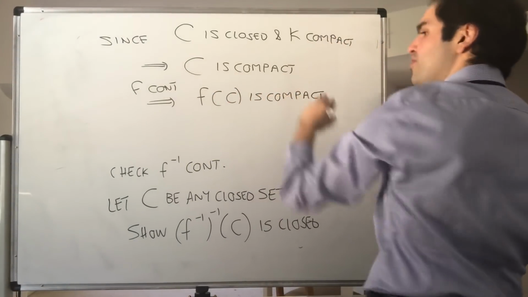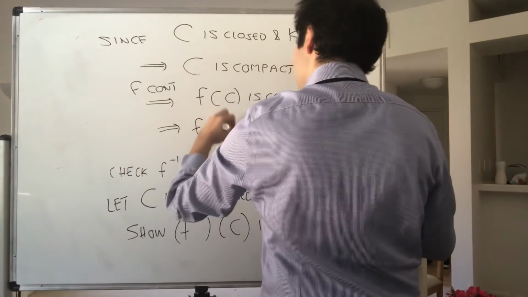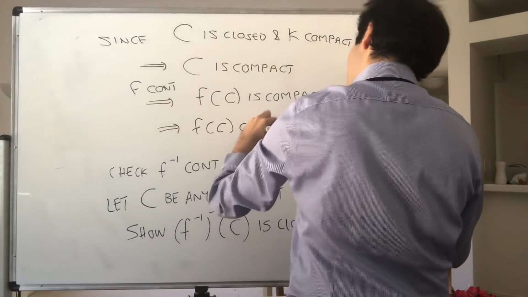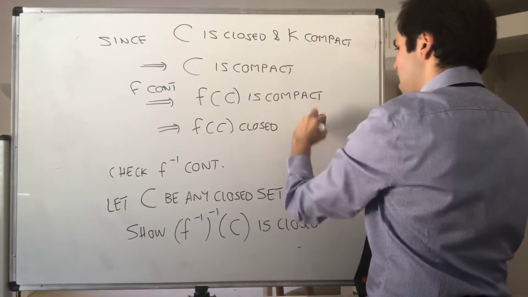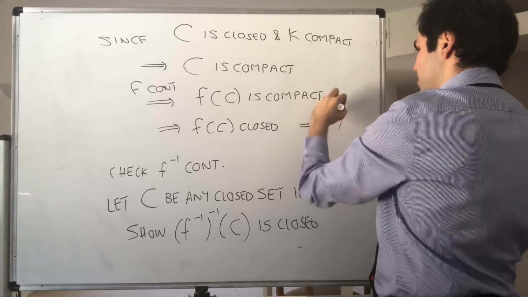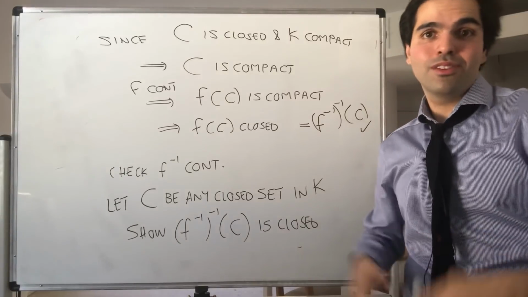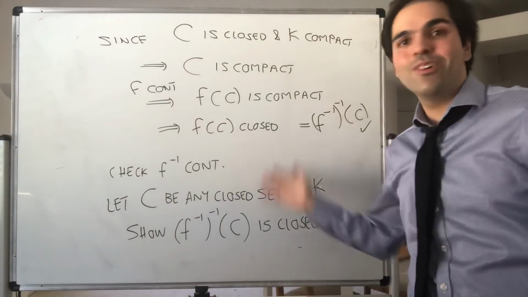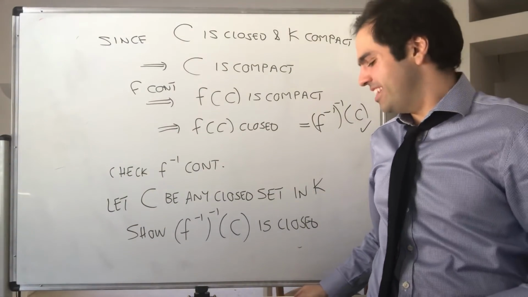And in particular, if it's compact, it's closed, so f of C is closed. And therefore, we're done, because f of C is just f inverse of C. And therefore, such maps are open or closed, or in this case, homeomorphisms, whatever you like to call them here.